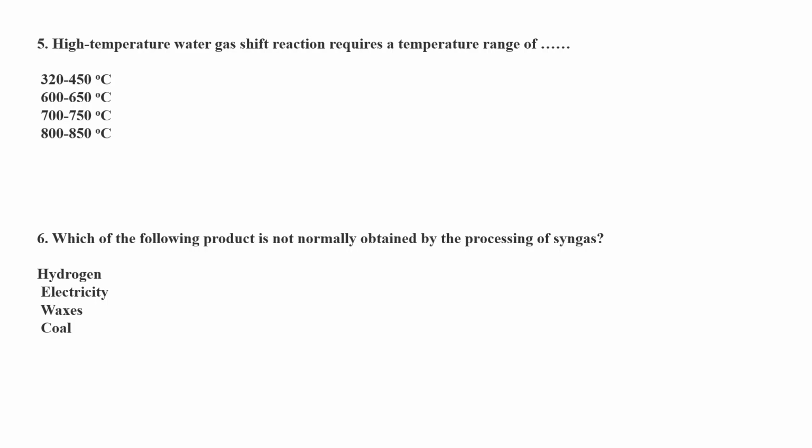Coming on to the fifth question, that is, high temperature water gas shift reaction requires a temperature range of. Anyone? The answer is 320 to 450 degrees C. The sixth question is, which of the following products is not normally obtained by the processing of syngas?